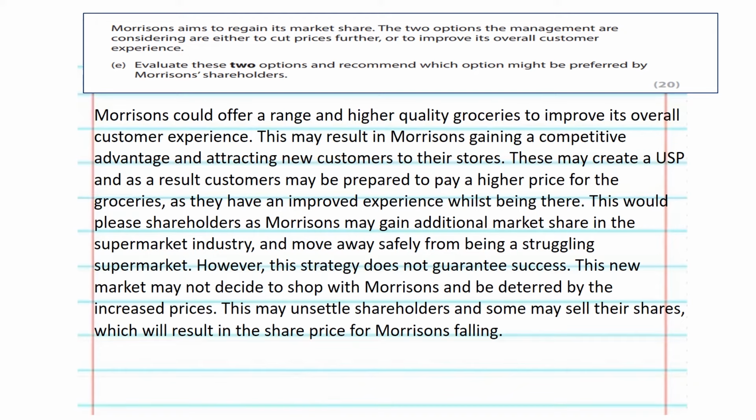This may unsettle shareholders, and some may sell their shares, which will result in the share price for Morrisons falling. So again, we have application in our answer, we have analysis, we have evaluated it. We're starting off our evaluation by using words such as however, and we've also given mention to the shareholders again, because it's part of the question.